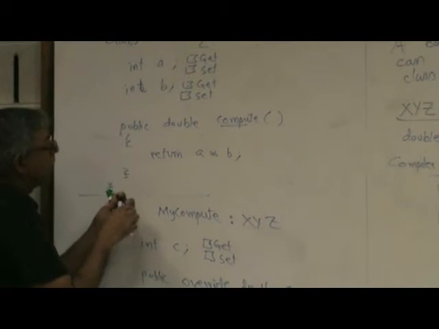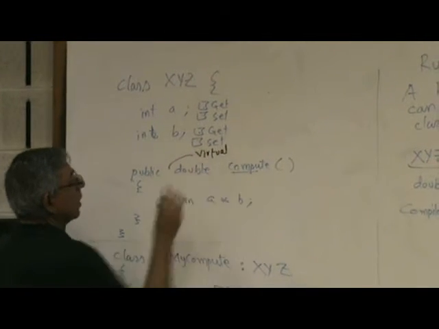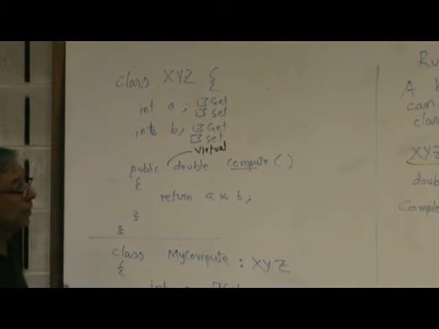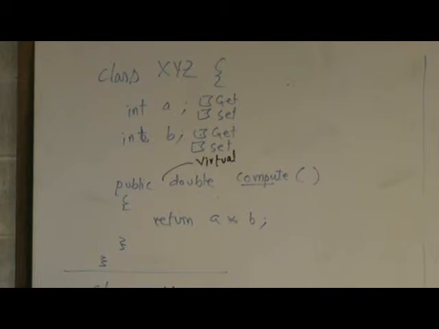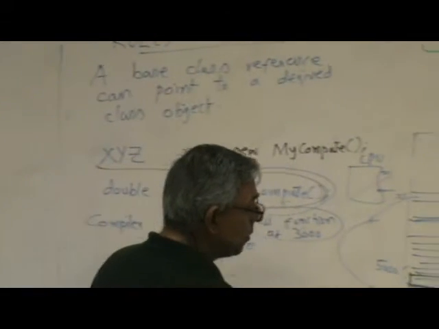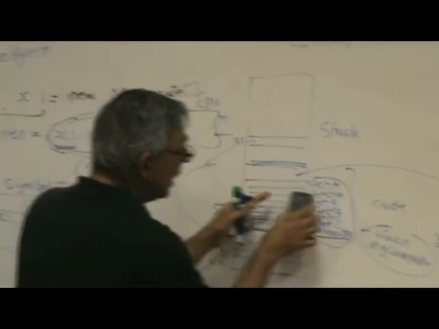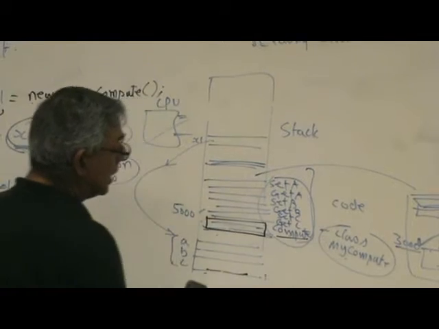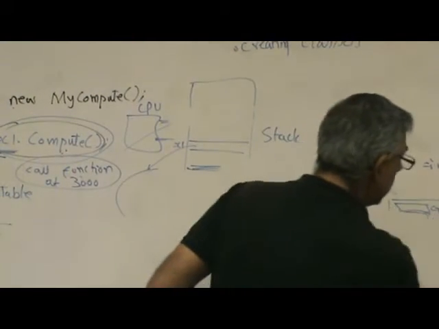So now if we go back and put the keyword virtual over here, okay? Let me show you how the compiler will be able to generate the correct code. First, let me show you in slightly more detail how the different classes are stored over here in the code area.